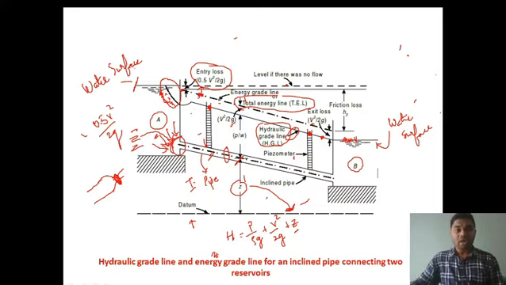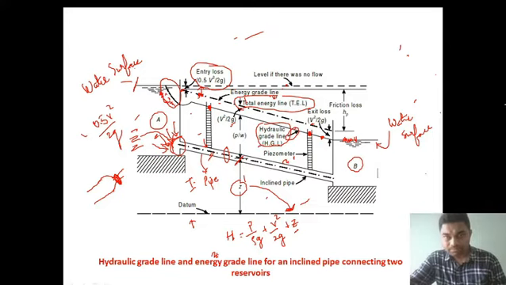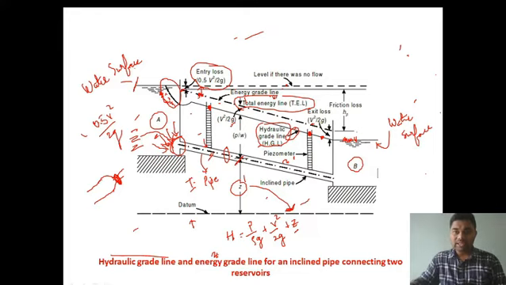Similarly, look at the variation of the total energy line at the exit. At reservoir B, this is our total energy line, and this is our water surface.